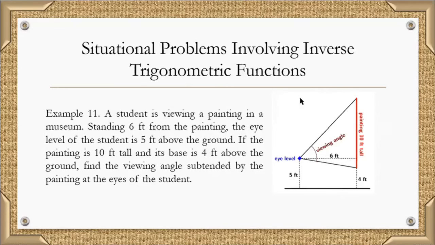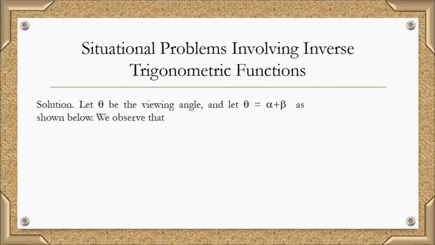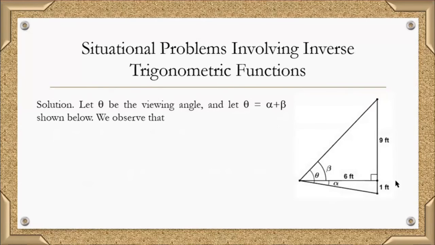No? Okay? So, dito sa ating sketch, pag nilagay natin siya, okay, let theta be the viewing angle and let the theta is equal to angle alpha plus angle beta. Ito ngayon yung ating sketch using the different angles. Okay, so yung viewing angle natin, yung angle theta.